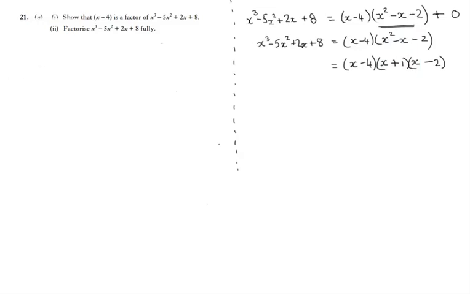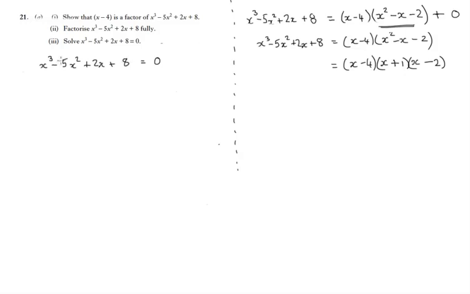And let's now look at the last part of the question, which says we had to solve this equation equals 0. So we've got a cubic equation to solve, and the left hand side's the polynomial that we've managed to factorize. So solving the equation x cubed minus 5x squared plus 2x plus 8 equals 0.